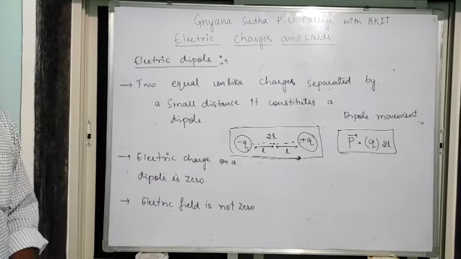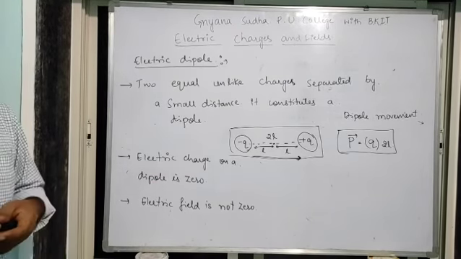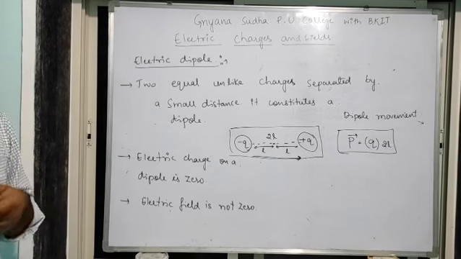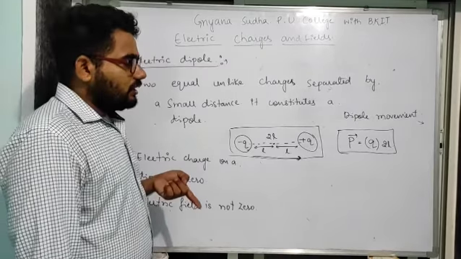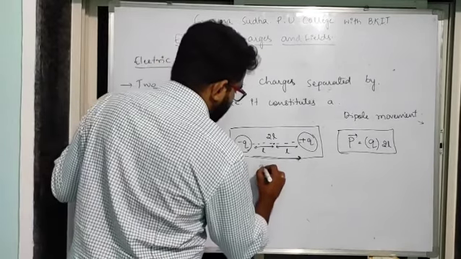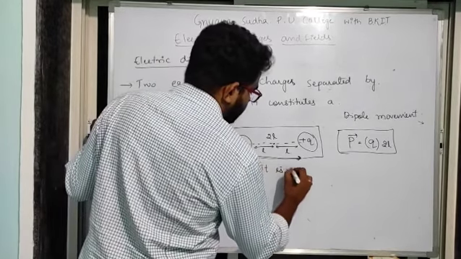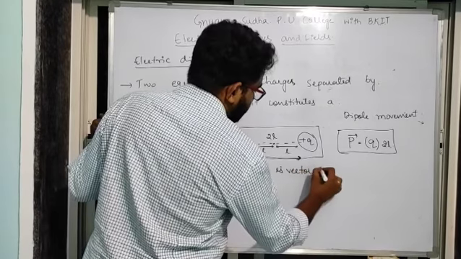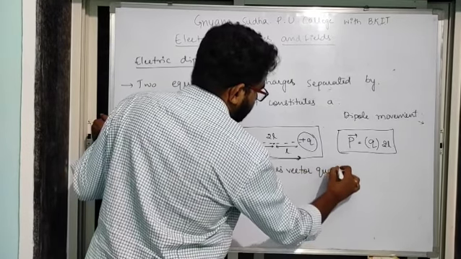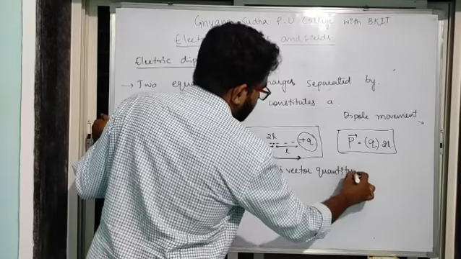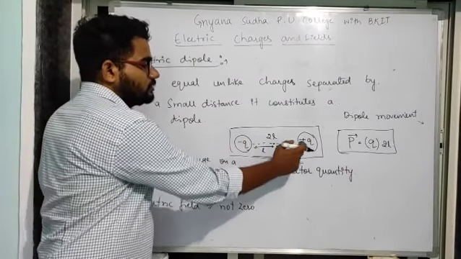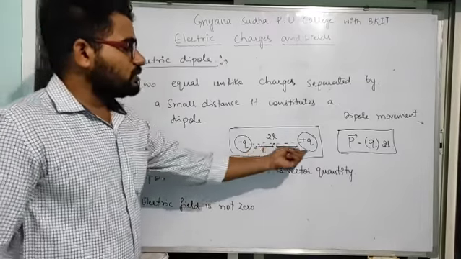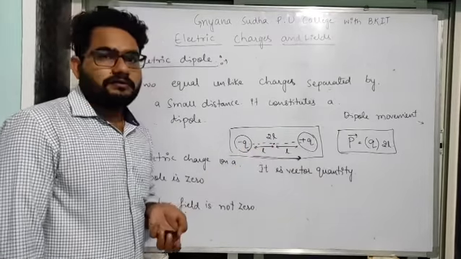ठीक है, तो अब यहां पे हम बोल सकते हैं डाइपोल इज अ वेक्टर क्वांटिटी. इट इज अ वेक्टर क्वांटिटी. क्यों वेक्टर क्वांटिटी? यहाँ पे चार्ज क्या हो रहा है फ्रॉम नेगेटिव चार्ज टू पॉजिटिव चार्ज. यहाँ पे पॉजिटिव चार्ज नेगेटिव चार्ज को अपनी तरफ खींचेगा.